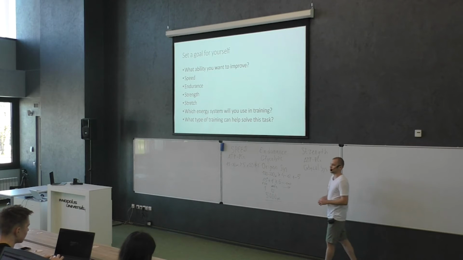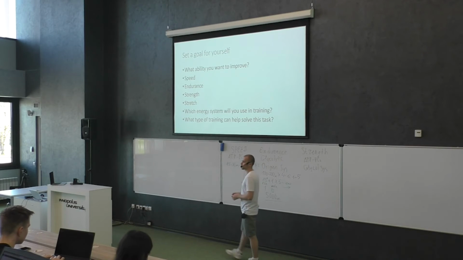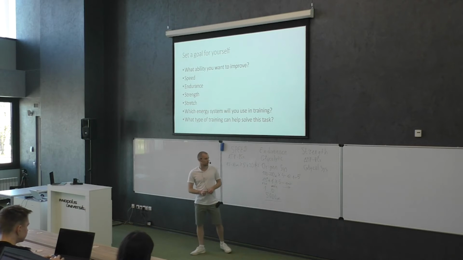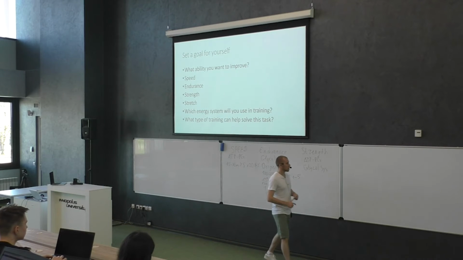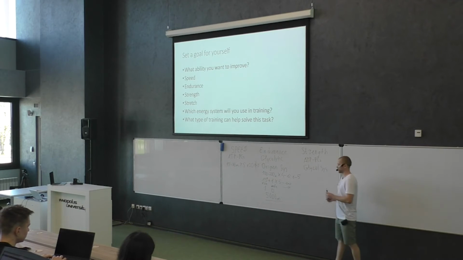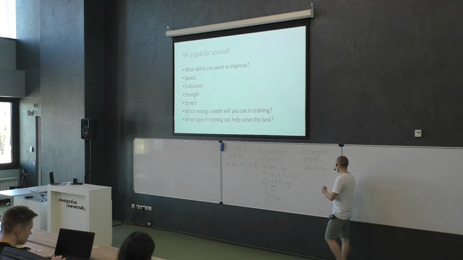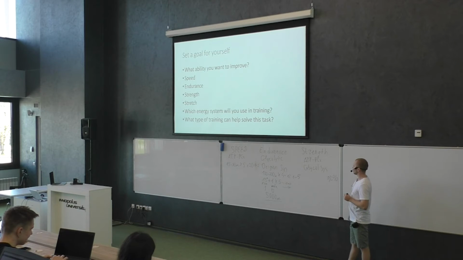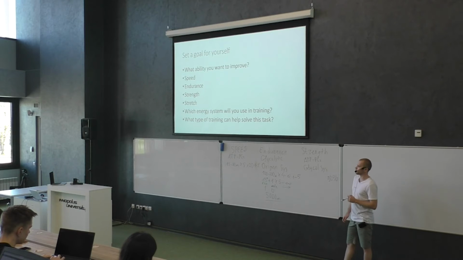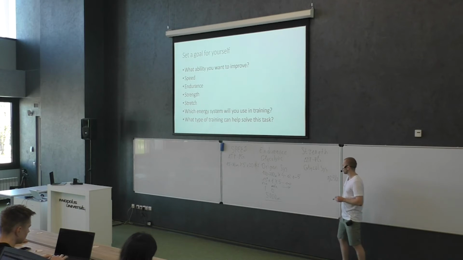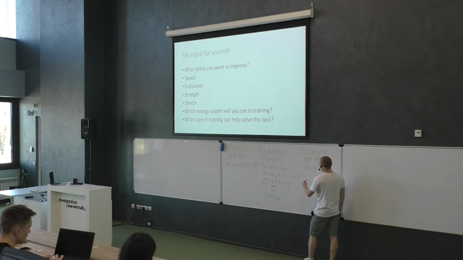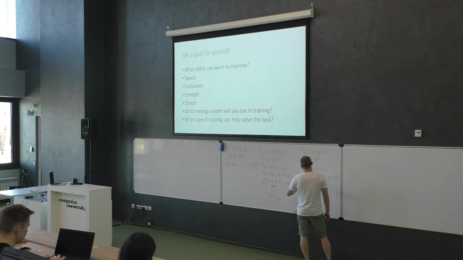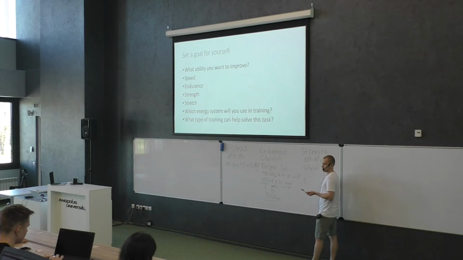We need to use as many motor units as possible, around 100%, but it's unreal for lean people, about 90%. So if we want to improve one repetition maximum, we also need to do, for example, one repetition.